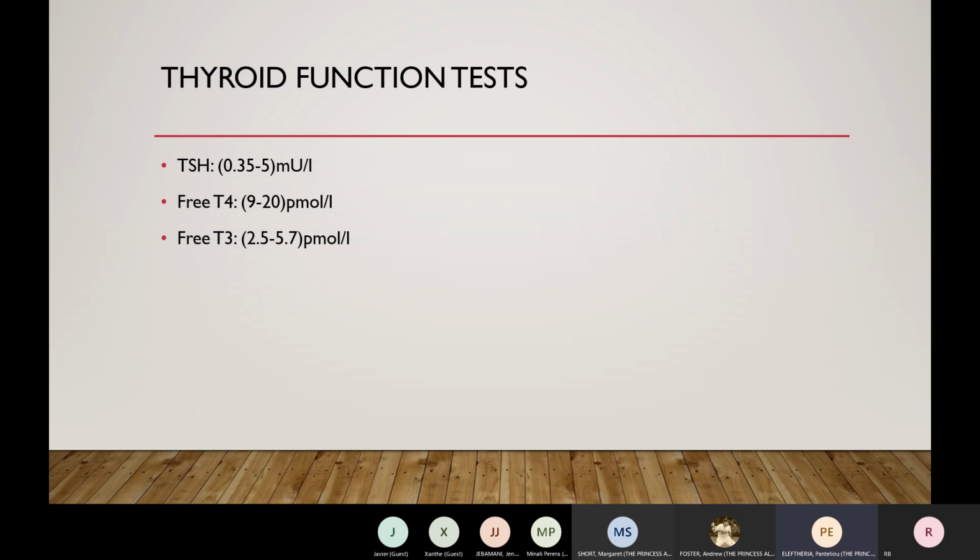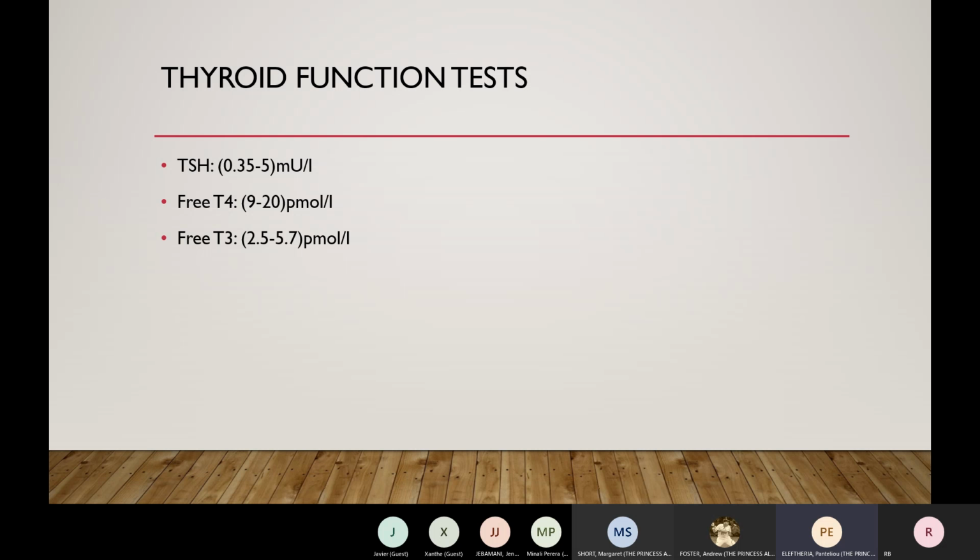So TSH is a very reliable assay. In the event of discordance between TSH and T3, usually the TSH is the most reliable test to look at.